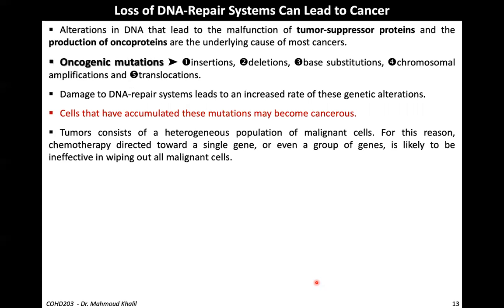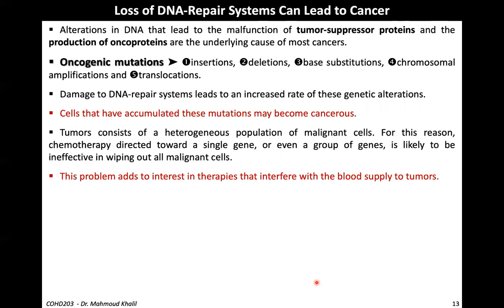Tumors have been found to consist of a heterogeneous population of malignant cells. For this reason, any chemotherapy directed toward a single gene or even a group of genes is likely to be ineffective in wiping out all the malignant cells, because you have a heterogeneous population of malignant cells. These problems add to the interest in therapies that interfere with the blood supply to tumors.